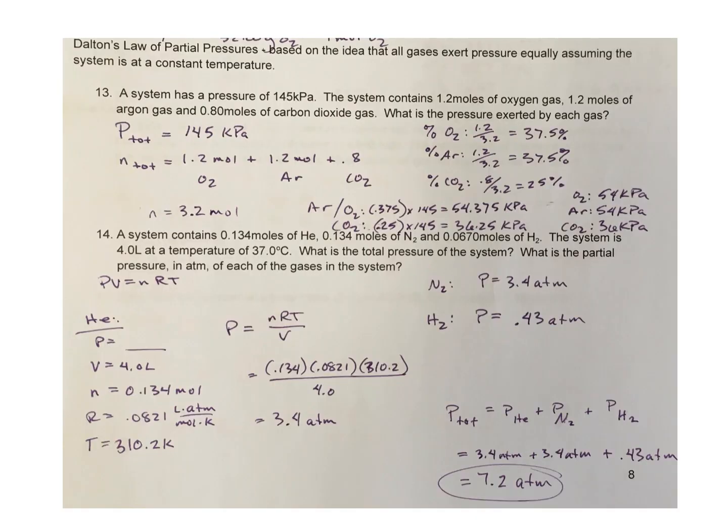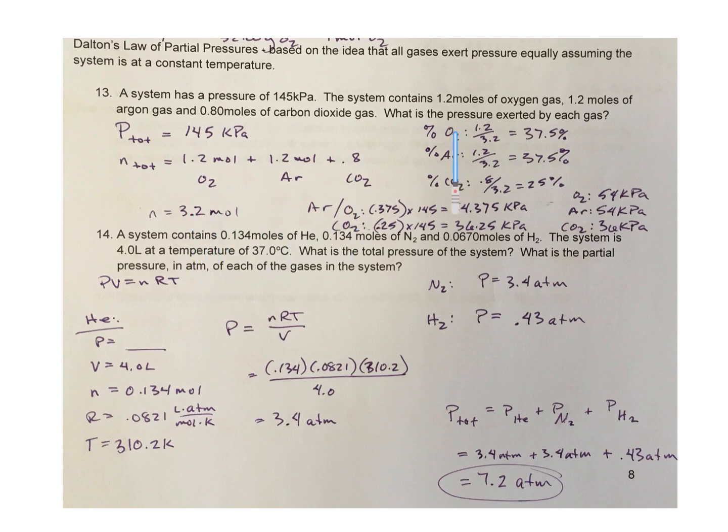Questions 13 and 14 both deal with Dalton's law of partial pressures. Dalton's law says that gases exert pressure equally as long as the temperature is constant. The temperature of each gas is constant. So, for example, if the total pressure is 145 kilopascals, and you can figure out what percentage of the particles come from which gas, we know the total number of moles.